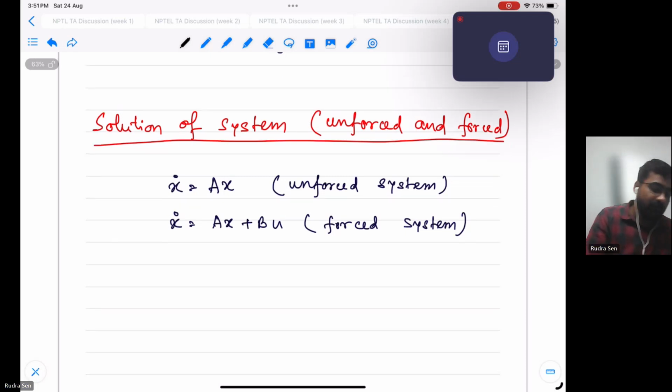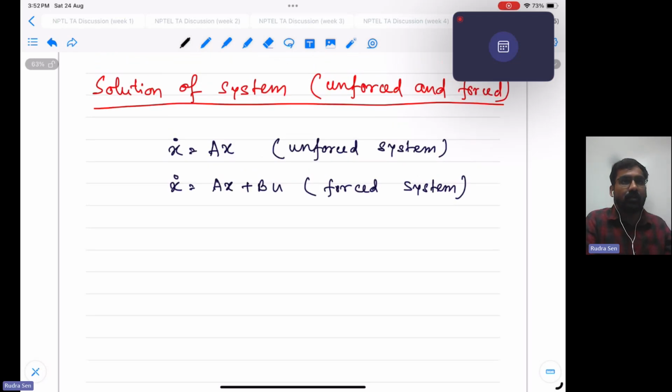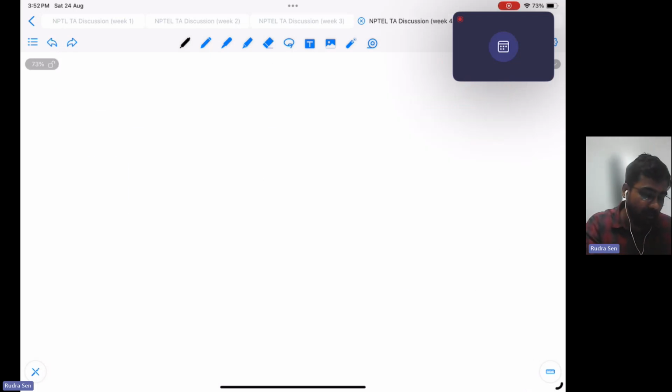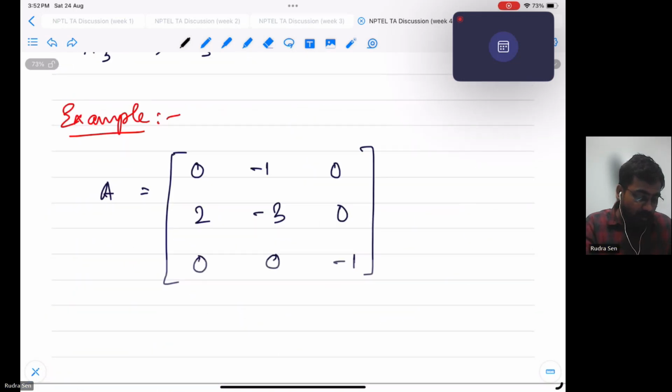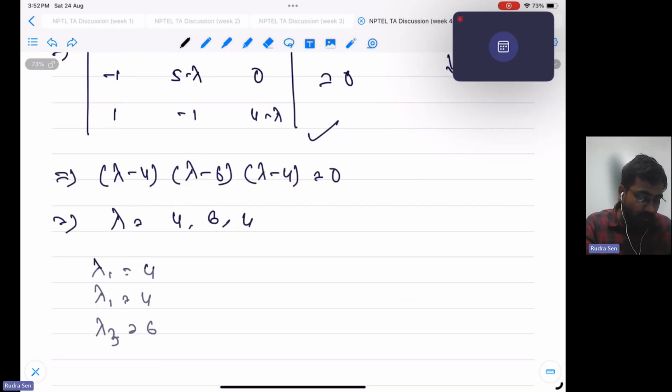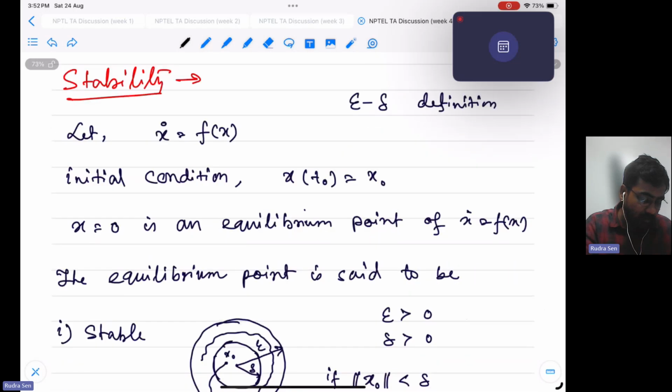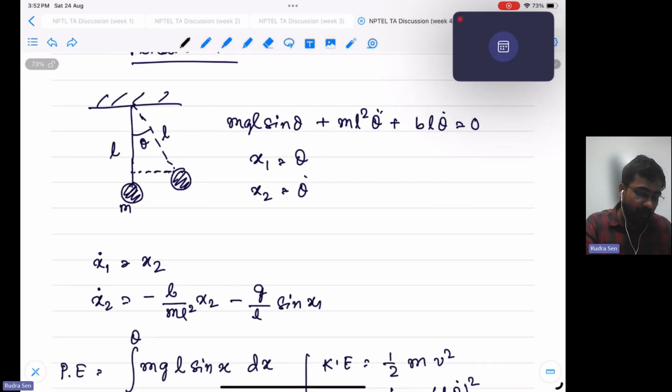Like you have seen in the previous TA live discussion, in the pendulum case. If you see the week 4 discussion, there is a pendulum system.